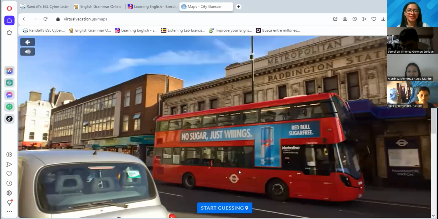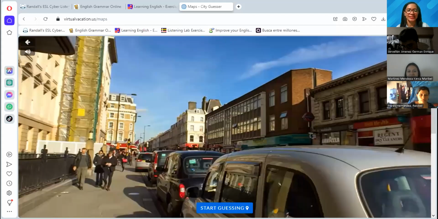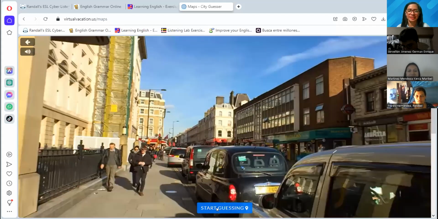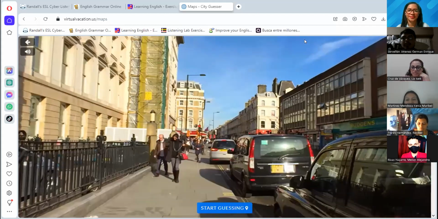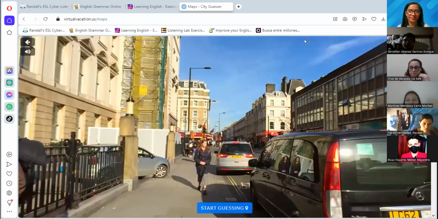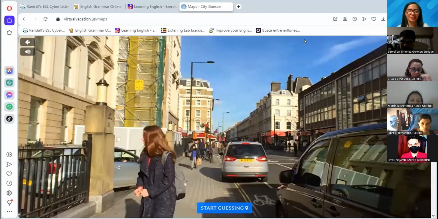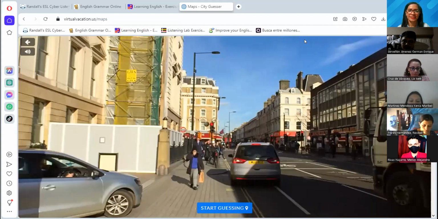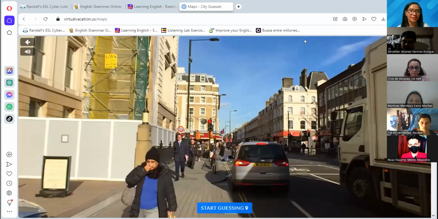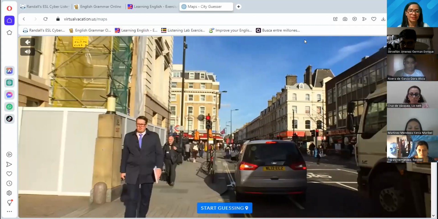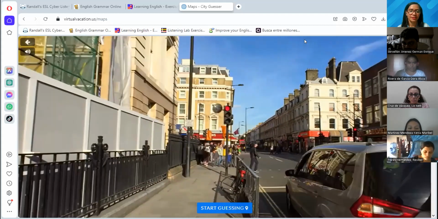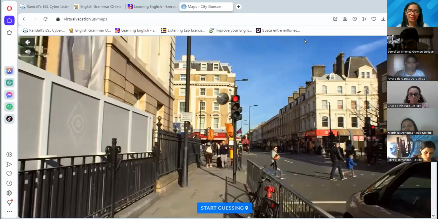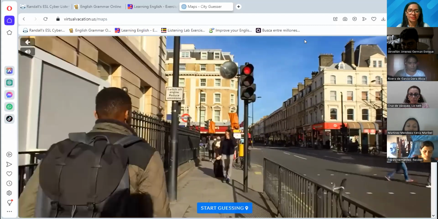Here your classmates are sharing about London. What else? We think London is very neat. Mm-hmm. What else? It's fairly quiet, and it's a beautiful country. And London is fairly safe.